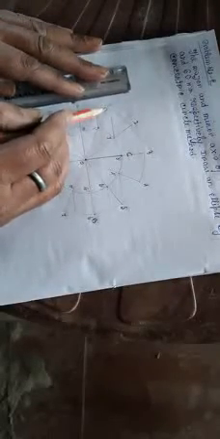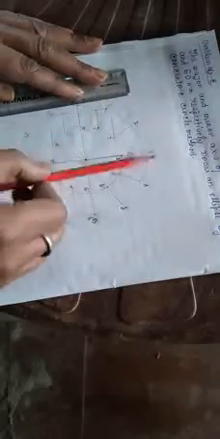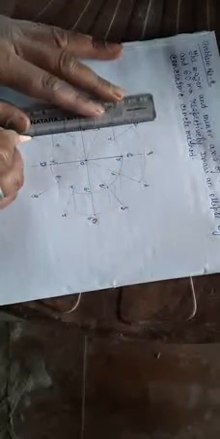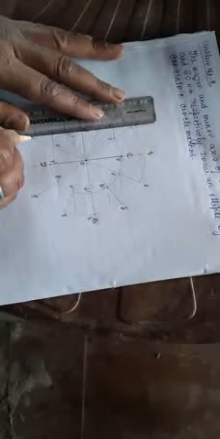Understand? Now similarly, according to the point number 1, we draw a parallel line from point 1 parallel to CD. Similarly, we have to draw a parallel line from 2 and 10 also parallel to CD.